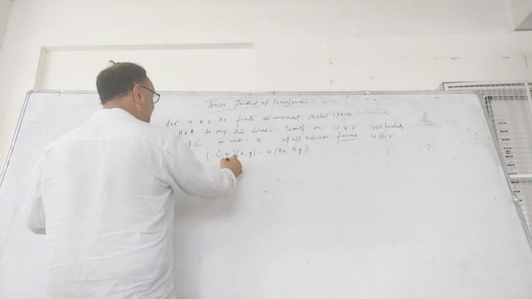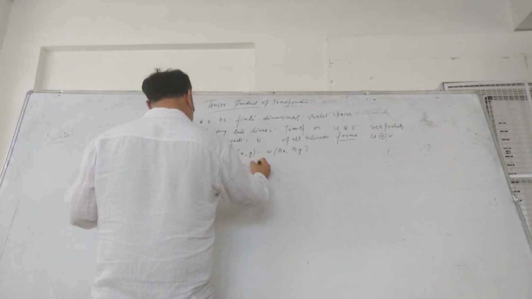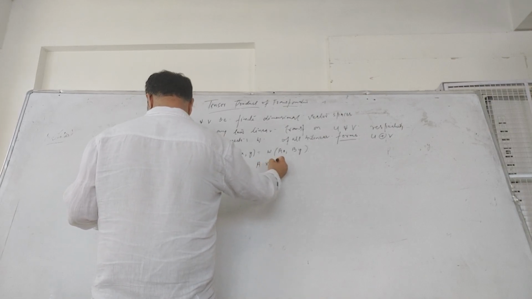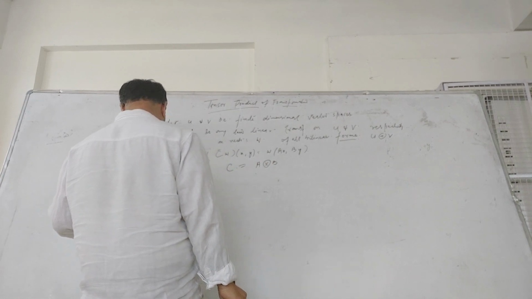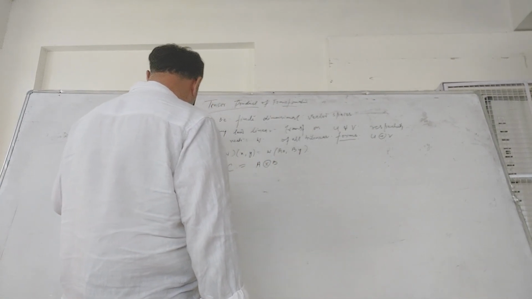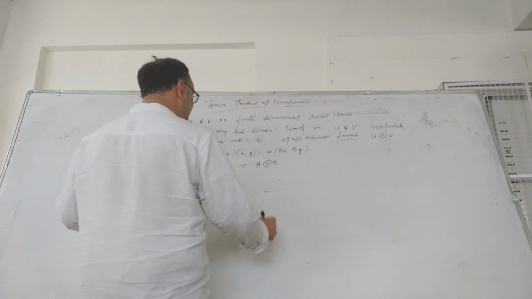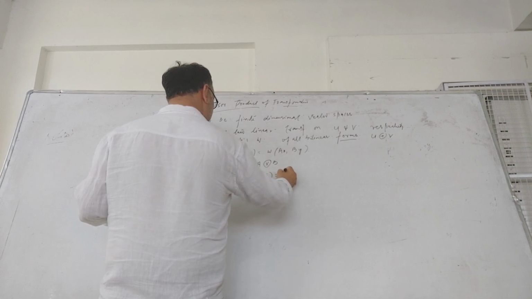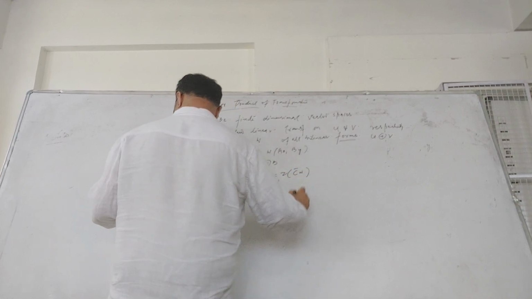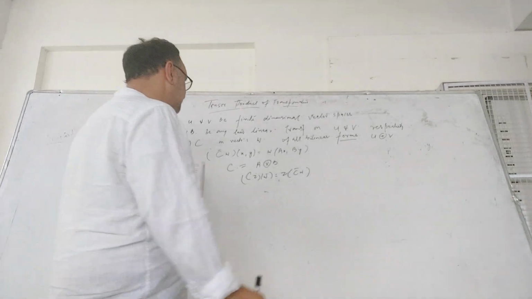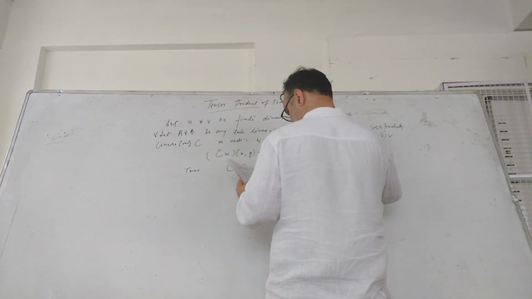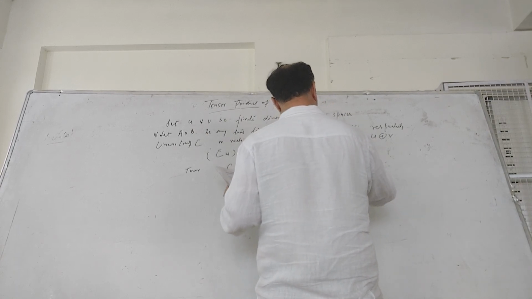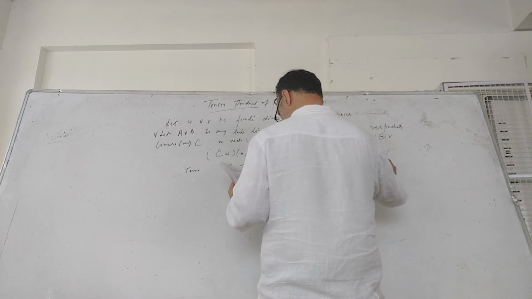And the tensor product C can be written in terms of A cross B. And the transformation C can naturally act as C of Z of omega equal to Z of C of omega, where Z is in U cross V and omega is in W.